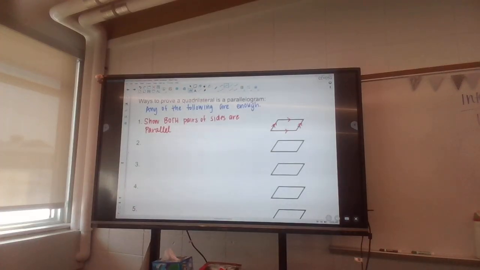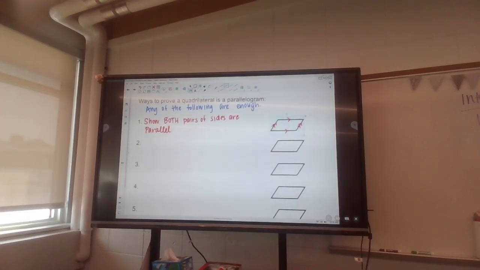Okay. So my question for you guys, my first rule, and we talked about this yesterday, has both pairs of opposite sides parallel. How could I show that sides are parallel in a shape? How do I know two sides are parallel or two lines in general are parallel? They have little arrows, that'd be great, but what if they don't have the little arrows?